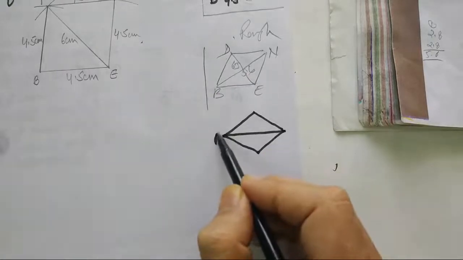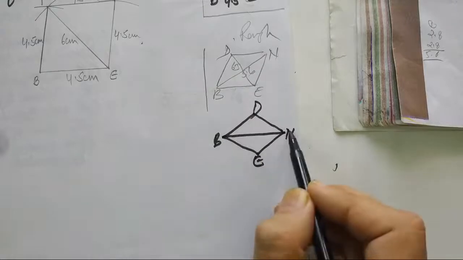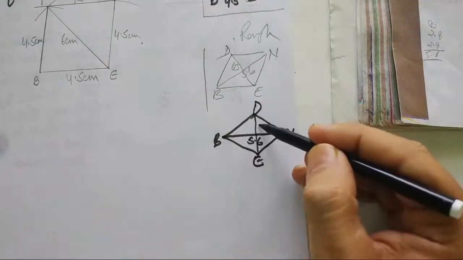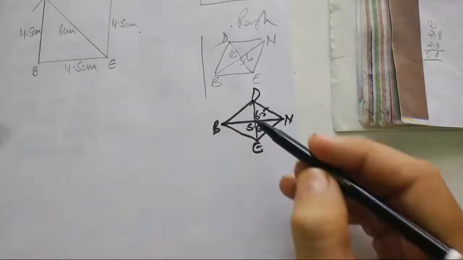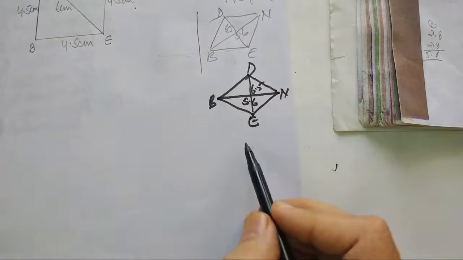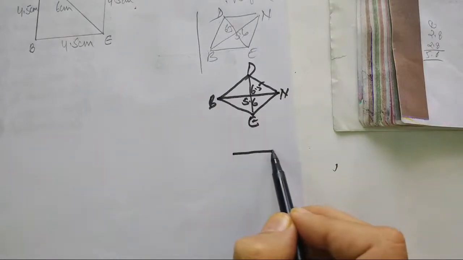So this is BEND, because BN is given as 5.6, and the next length is given as 6.5. So I will modify the rough figure. This is the importance of a rough figure. I can change the rough figure as many times as needed.